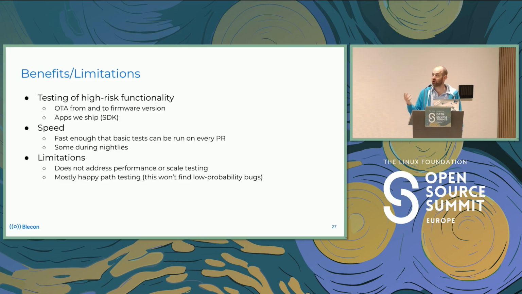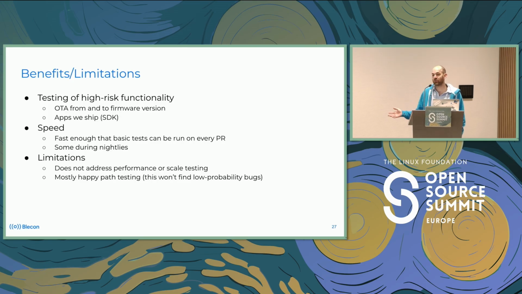That really lets us make sure that if that software gets shipped, there's a get out of jail free card. If everything else is broken, you can OTA out of it still. That's not the worst outcome. And we validate the examples we have and some reference scenarios. So it's fast enough, but we run more comprehensive testing in nightlies.